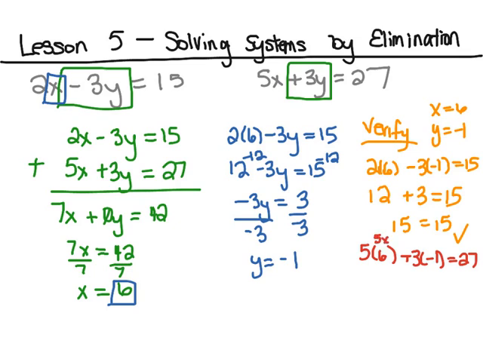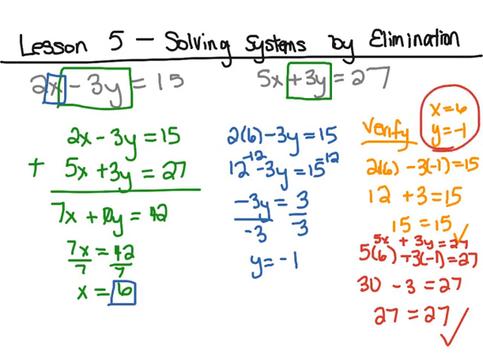So that's for our second equation. 5 times 6 is 30. 3 times negative 1 is negative 3. And 30 minus 3 is 27. So this satisfies both equations. So our solution is x equals 6, y equals negative 1.